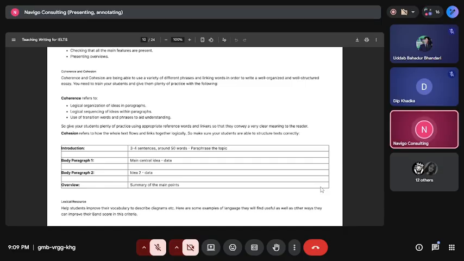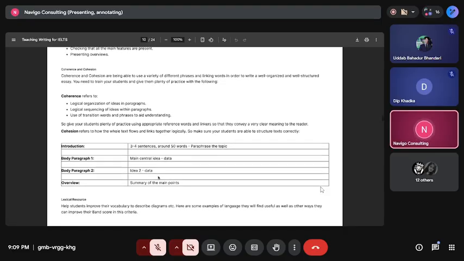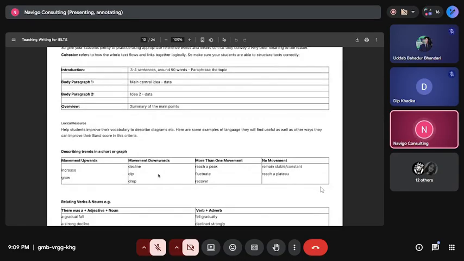So this is coherence and cohesion, right? Now we move on to lexical resources. Lexical resources means vocabulary, the kinds and types of words that you are going to use, the relevancy of those words, you using the words appropriately, right? Lexical resource is very important if you are aiming for a higher band.